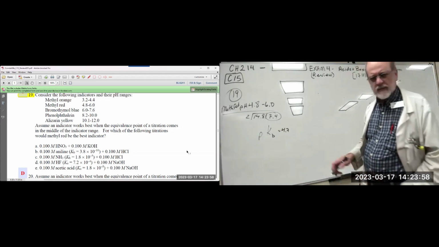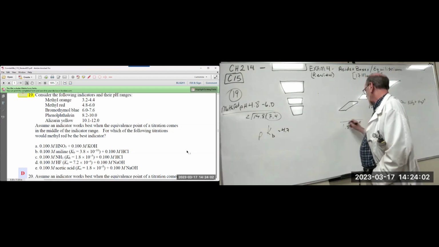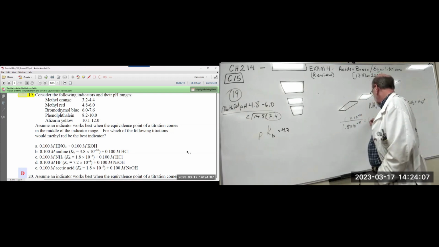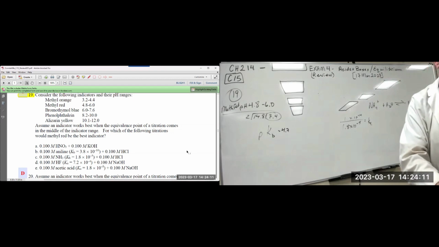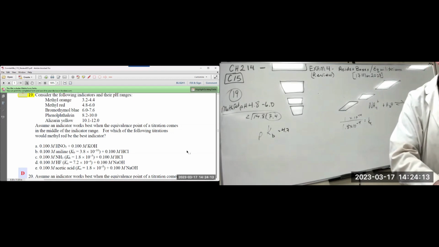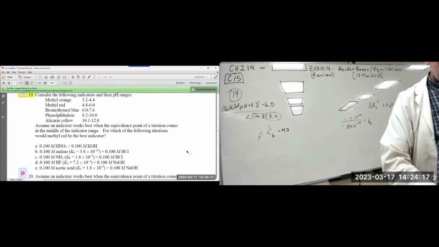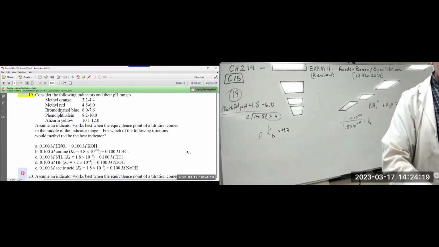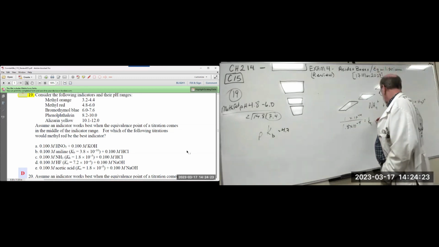So 1.8 times 10 to the minus 5 divided into 1 times 10 to the minus 14 is the Ka for this reaction. That's 5.6 times 10 to the minus 10.